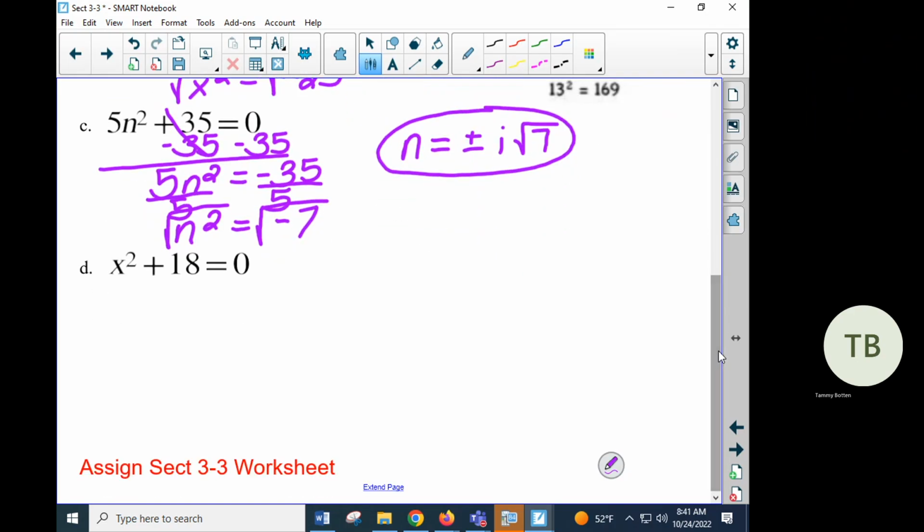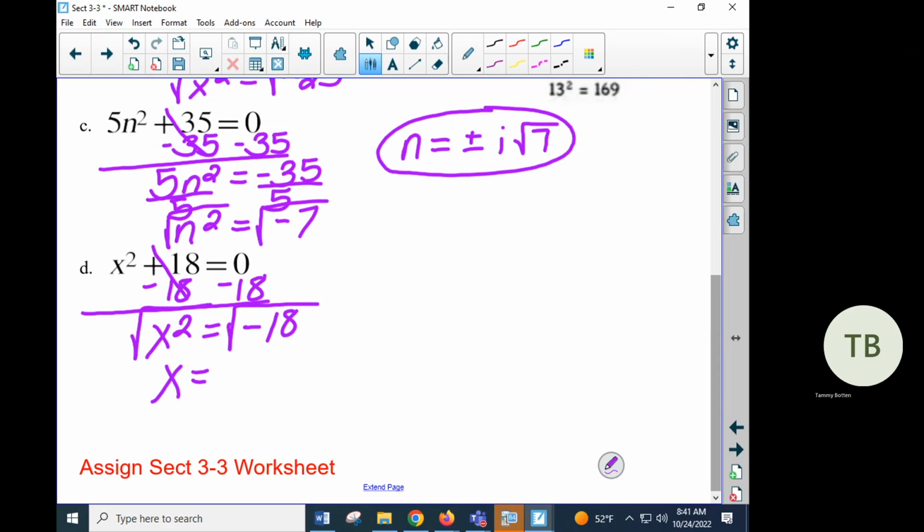And then this last one, we're going to subtract 18. And I get x squared equals negative 18. Then I take the square root. And it's going to be plus or minus. I take out an i. And now this we talked about right at the beginning today.